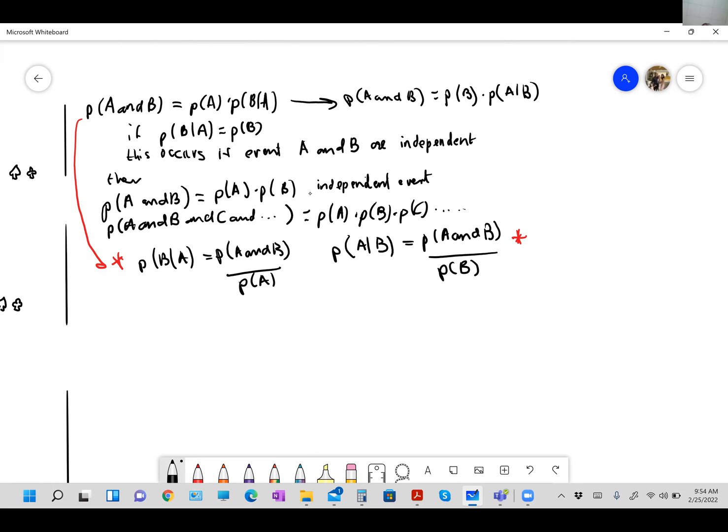This occurs if the events are independent, of course. Now, here goes nothing. So I'm going to go to page 79. And I'm going to try to paste the problems right here to make my life easier.